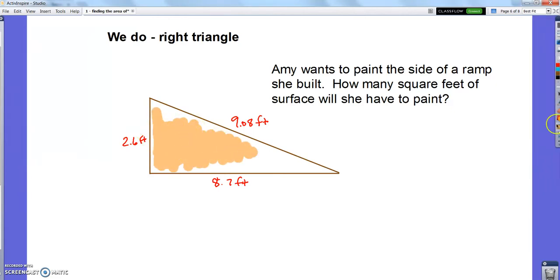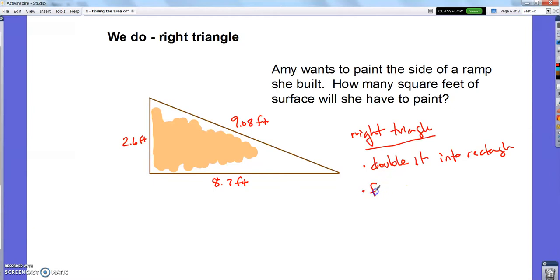So my strategy for a right triangle is going to be double it into a rectangle, find the area of the rectangle, and then divide it by 2.